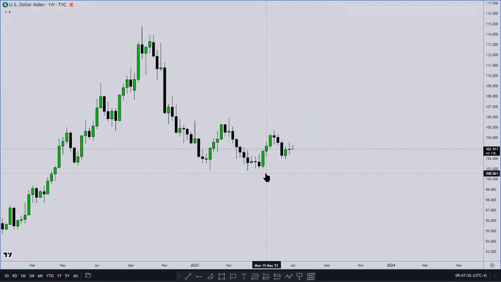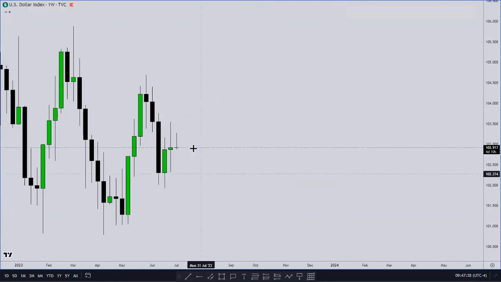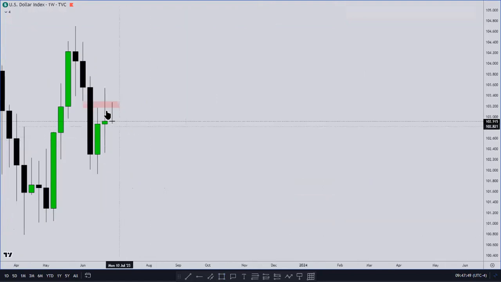Dollar index weekly chart. We had this CB here on the weekly chart. This week we rammed up to the high of it, and now we have retraced, still inside of this weekly candle, last week's candle.